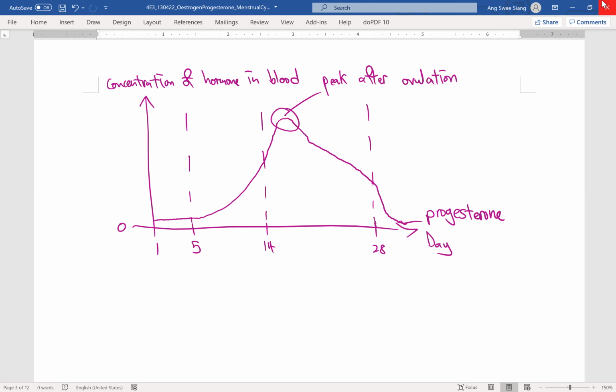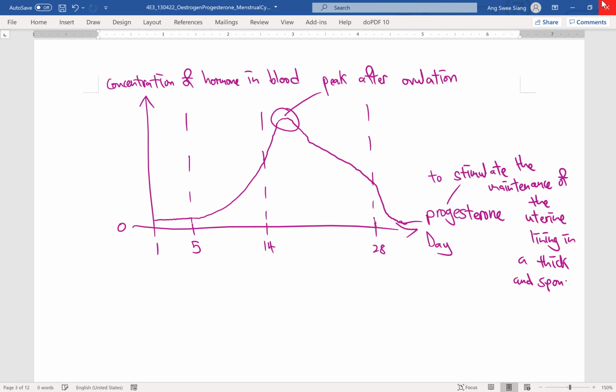Remember the function of progesterone is to stimulate the maintenance of the uterine lining in a thick and spongy state. So you should draw it peaking after ovulation. It should be similar to the notes that were given to you too.